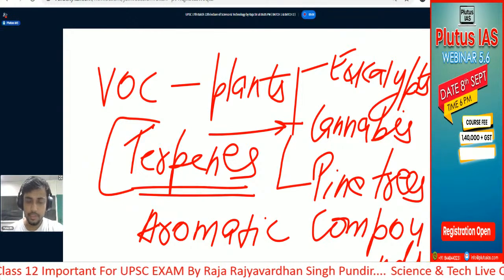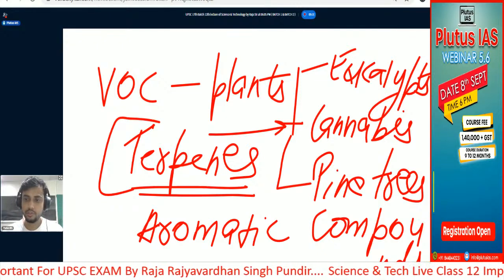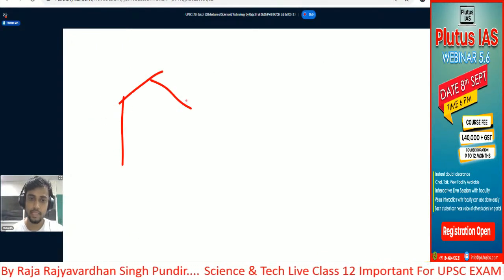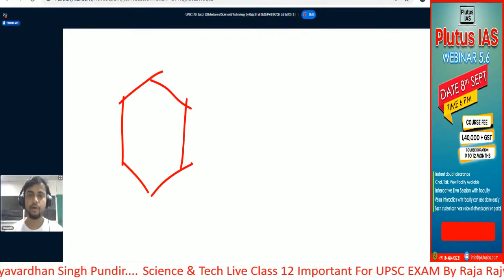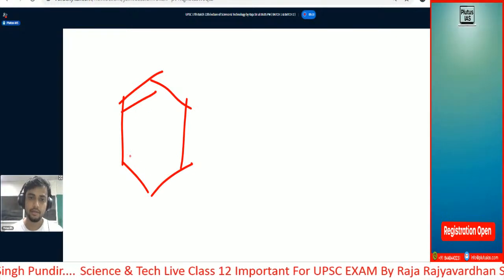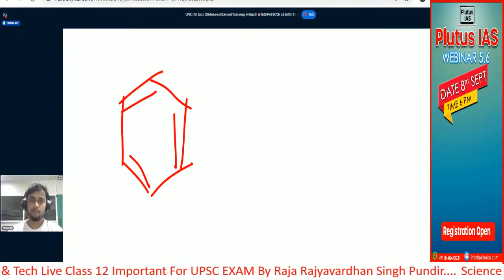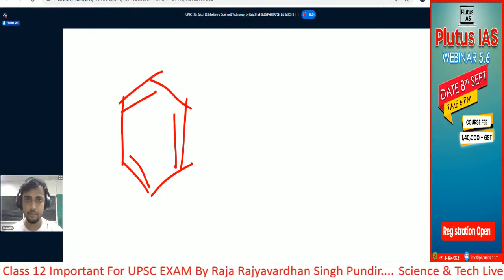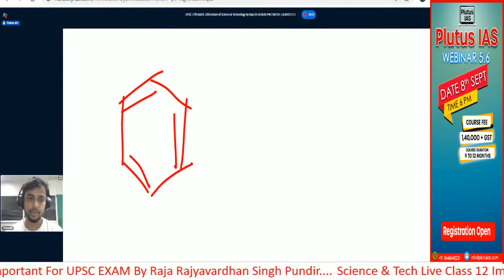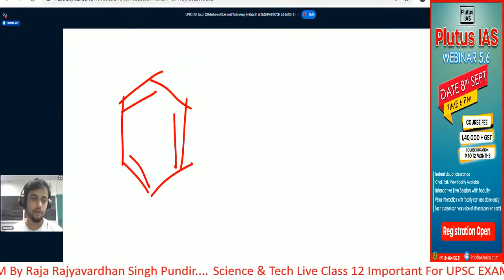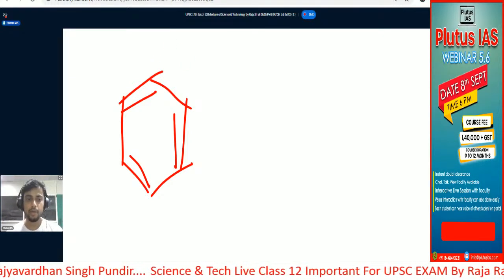Yes, Arpit. Specifically, these are the compounds which have a planar structure like this benzene ring. They have a planar structure and they consist of double bonds and single bonds. A planar molecule, a planar arrangement of molecules, cyclic arrangement. So these are basically the aromatic compounds and they have a property that they have some kind of unique smell.